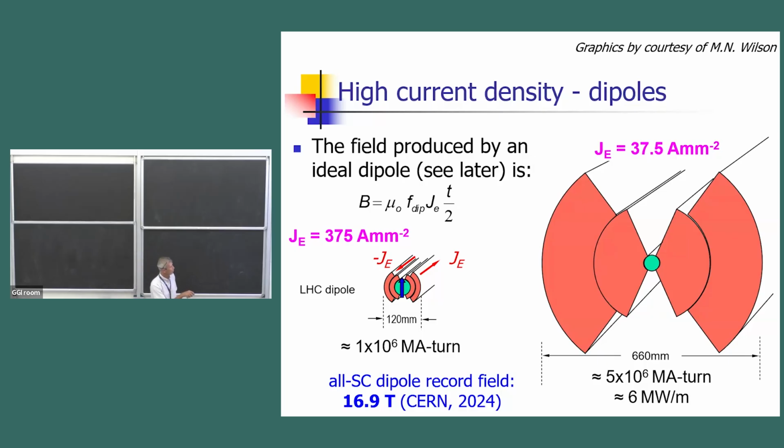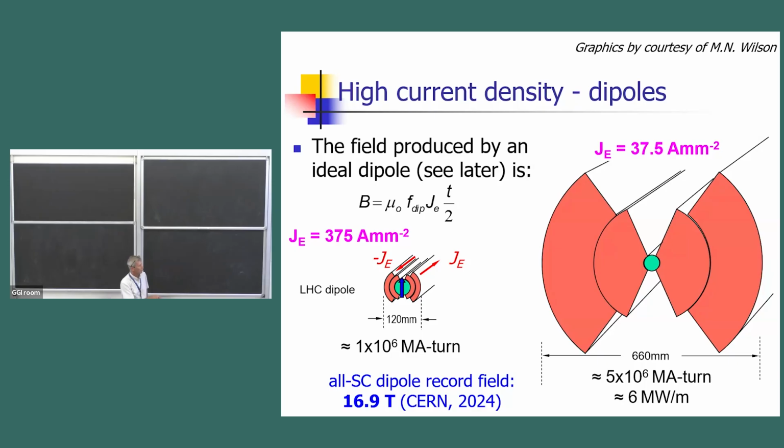If you had to do it with copper, we said there's 2 orders of magnitude of difference between the current densities. I only took 1 because it wouldn't fit in the slide otherwise. So if you take a tenth of the current density, you would generate the same field, but the cross-section would be spectacular, okay, as you can see. You would use a lot more material, you would use a lot more ampere turns because the cross-section becomes bigger.